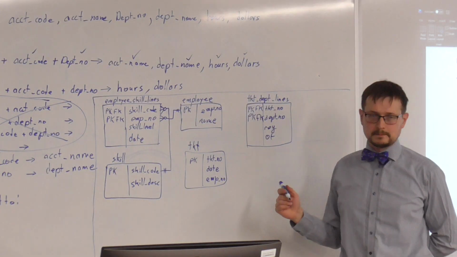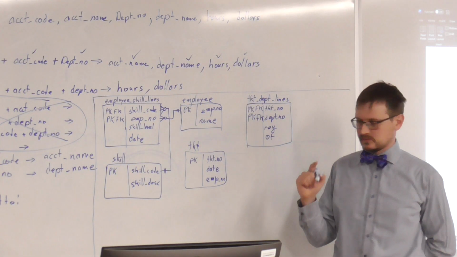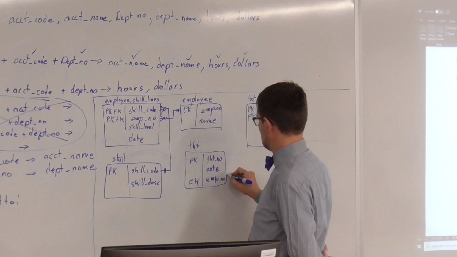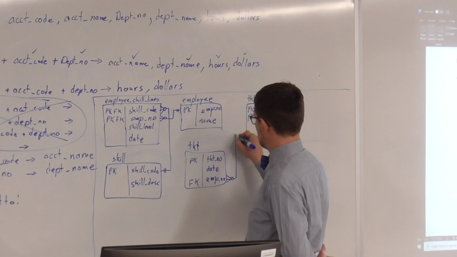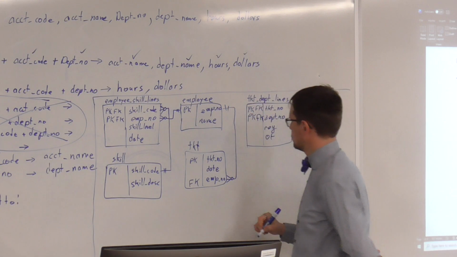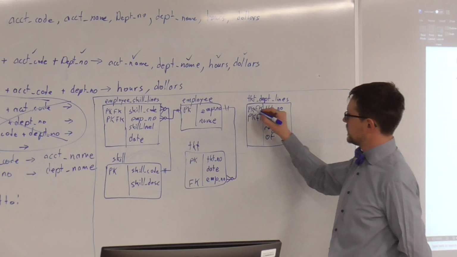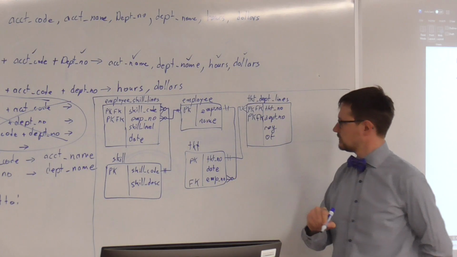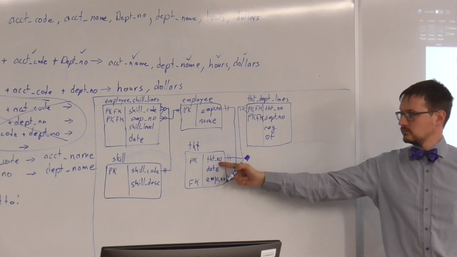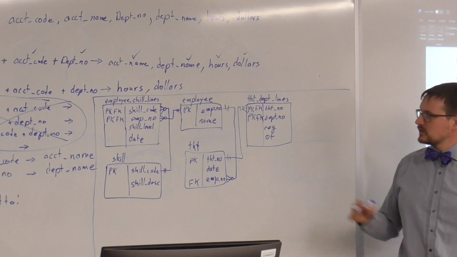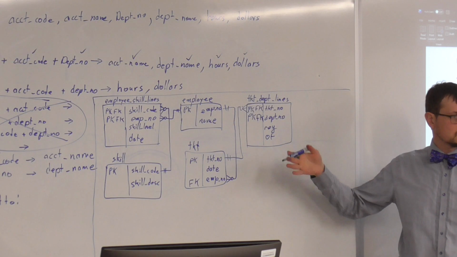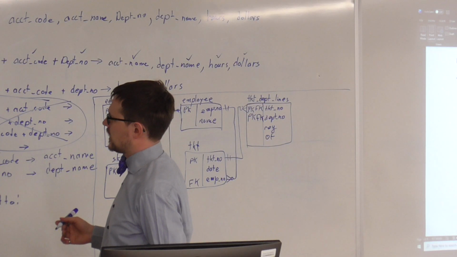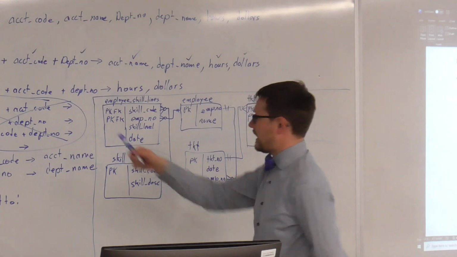Is there another foreign key? Employee number, foreign key right here. And of course ticket number. Link them up. You see what I mean about the lines being kind of a mess? I think it's unfortunately unavoidable. And that's both of them for that one.